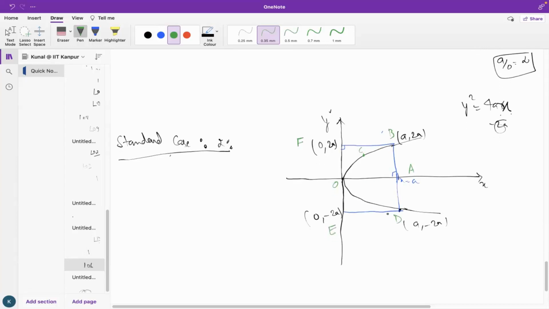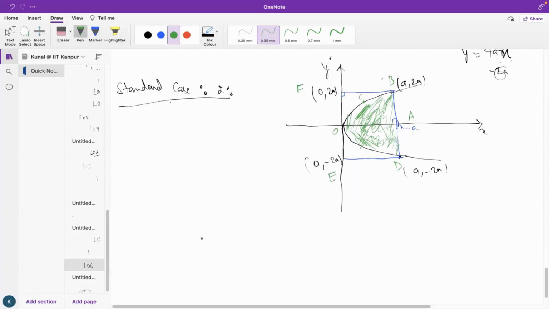Now what you have to do is first try to calculate the area of this region, I mean the line x is equal to a. Look at here. What is the area? This is this area. What is the area between the parabola y square equal to 4ax and the line x is equal to a? How much is its slope?